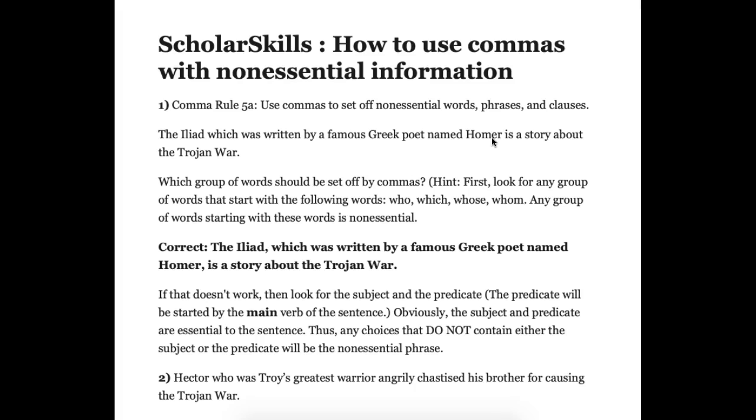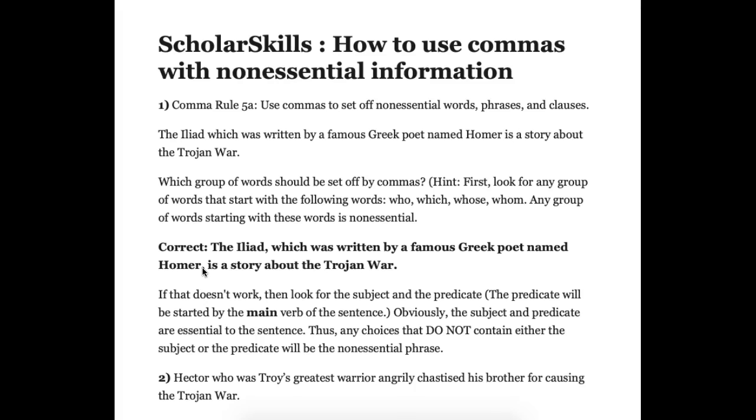And because it is not essential, because it is non-essential, indicated by this pronoun which, I can place a comma before which and a comma after it, like little hooks, which can remove this information out of the sentence or place it back in.